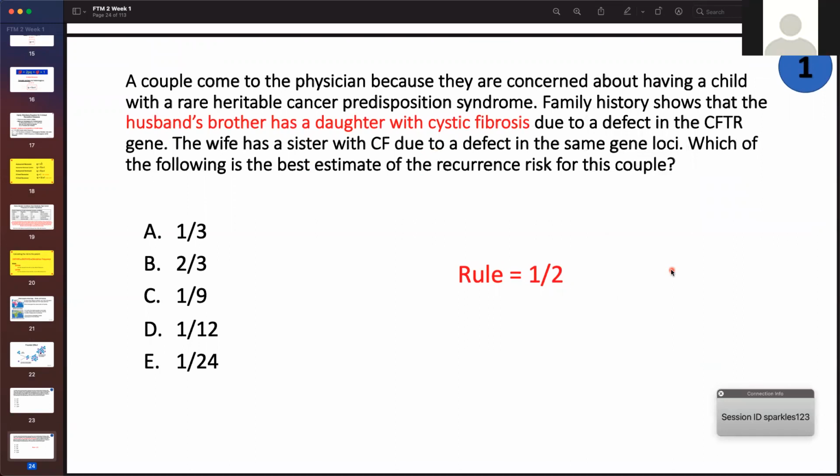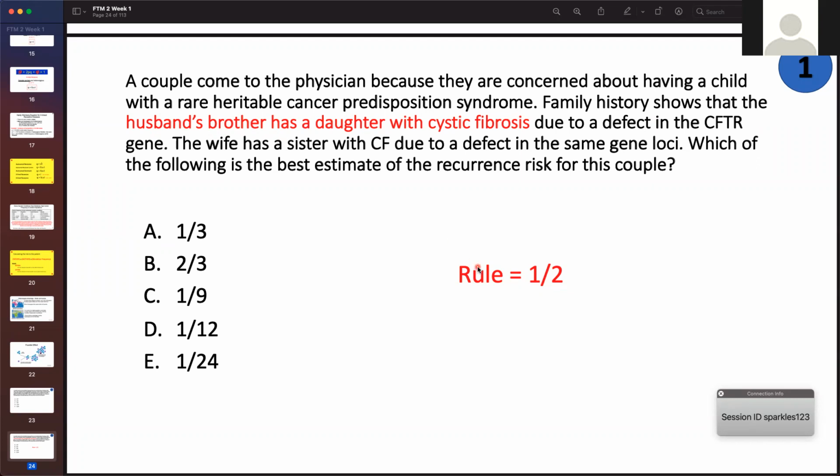Okay, so I looked through the prompts and it says that the husband's brother has a daughter with cystic fibrosis. So based on the rules, we know that the husband's brother has to be a carrier, which makes the husband have a half risk of being a carrier as well.